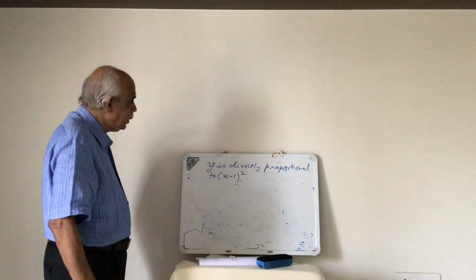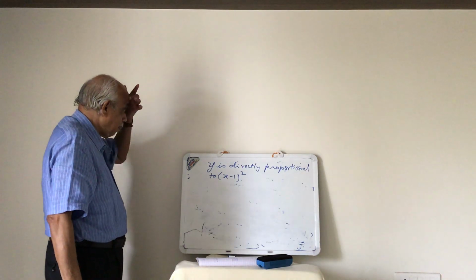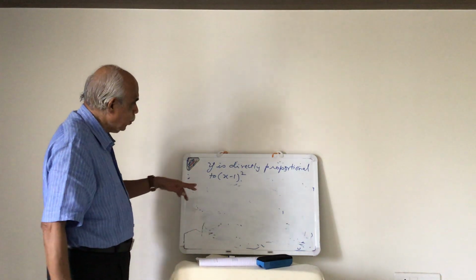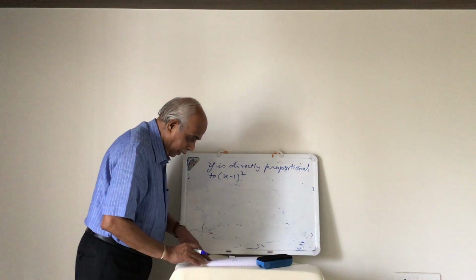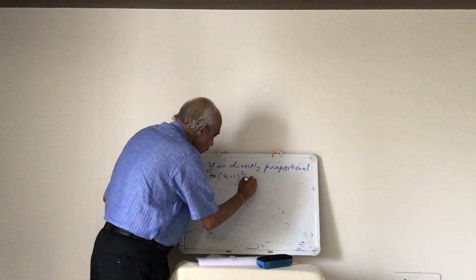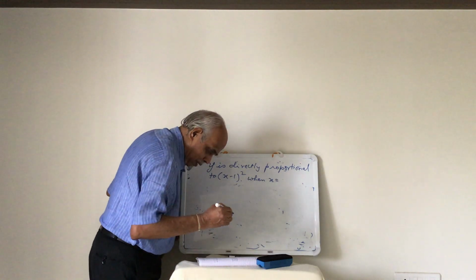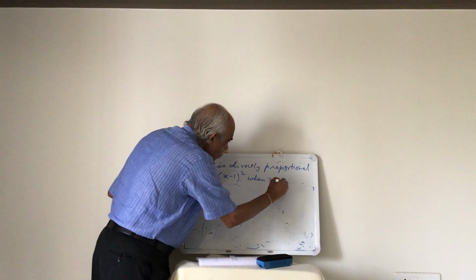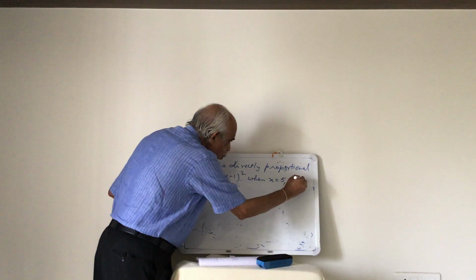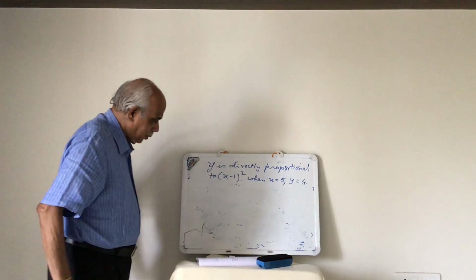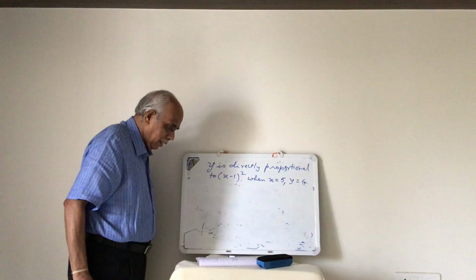So they have given you this question: y is directly proportional to x minus 1 square. Now they have also given additional information: when x is equal to 5, y equal to 4.